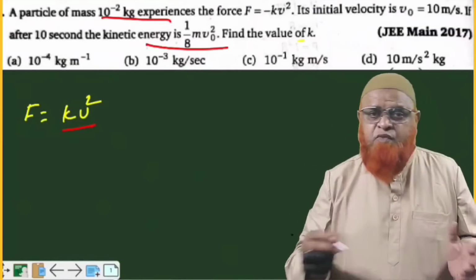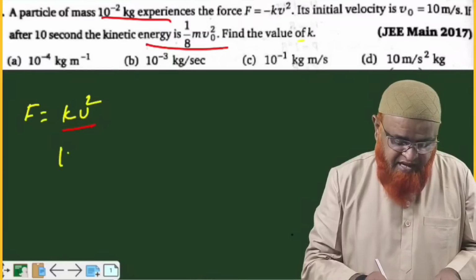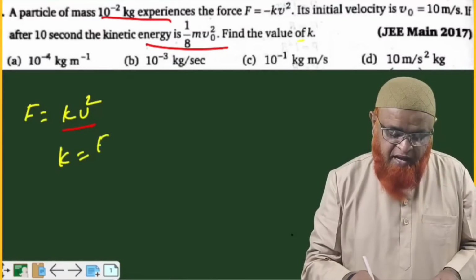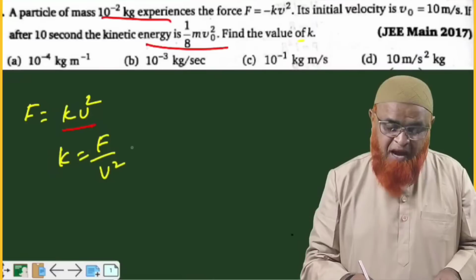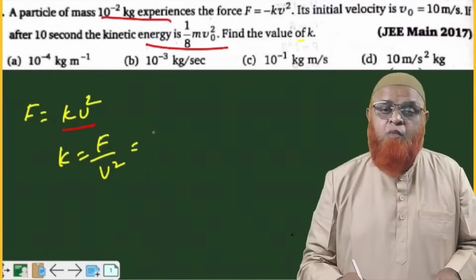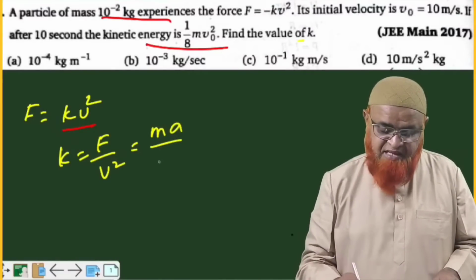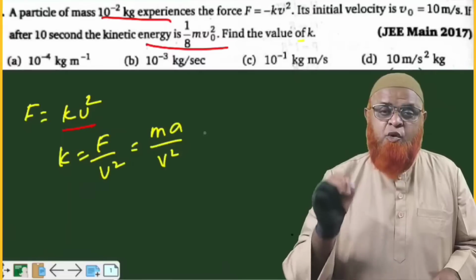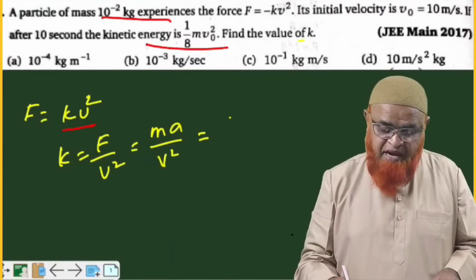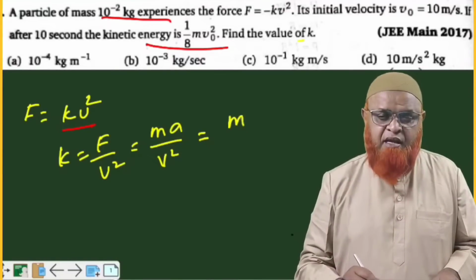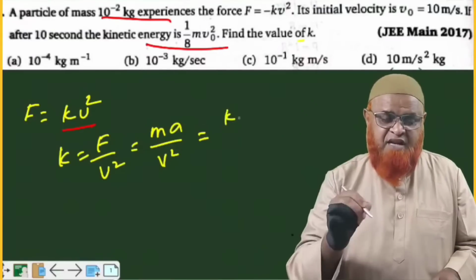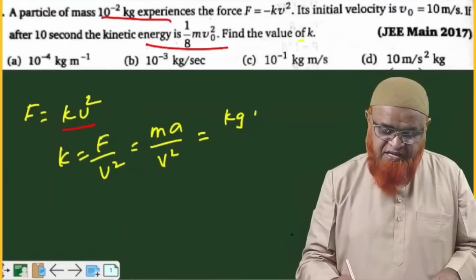You just see this question here. F is taken as k into v square, and here you can write k is equal to F by v square. You all know that force is nothing but mass into acceleration, divided by velocity whole square. You all know the units of mass is kg, whereas the units of acceleration is meter per second square, divided by units of velocity, meter per second, but as it is whole square, you can write meter square by second square.